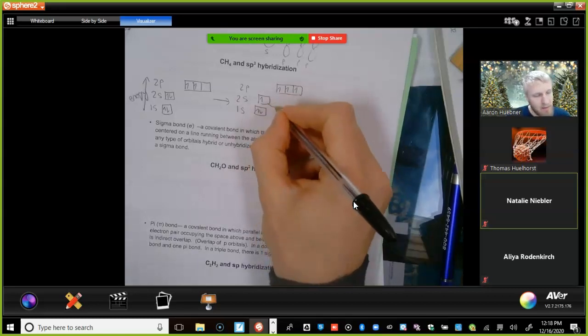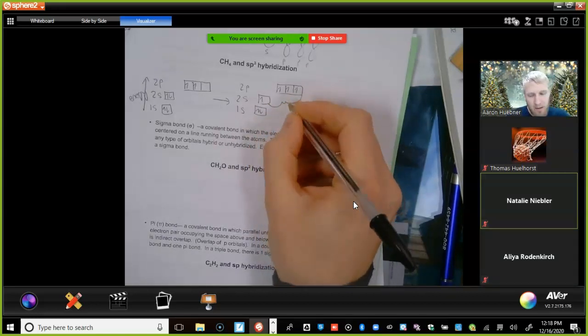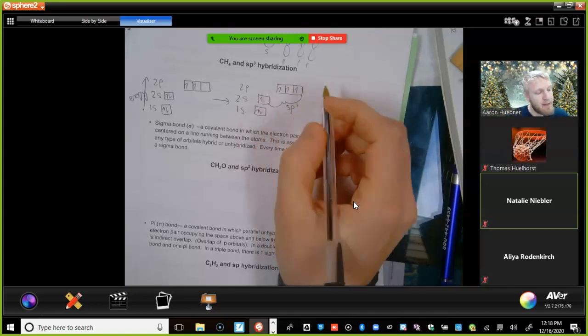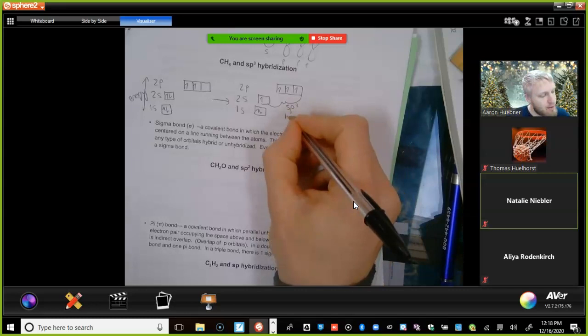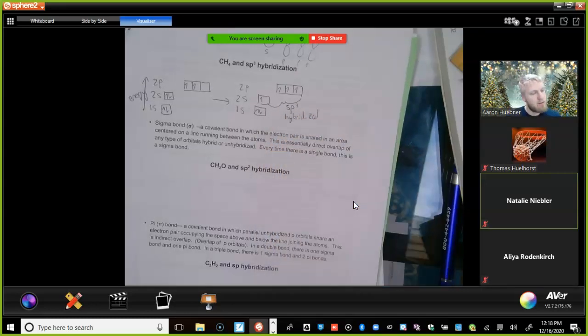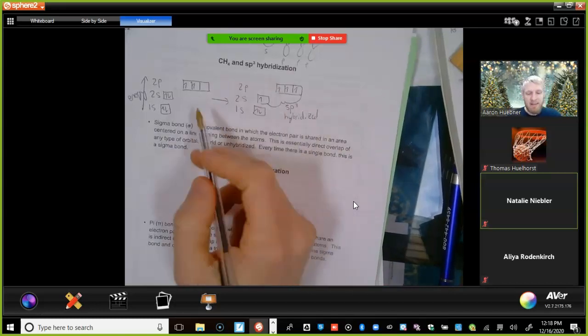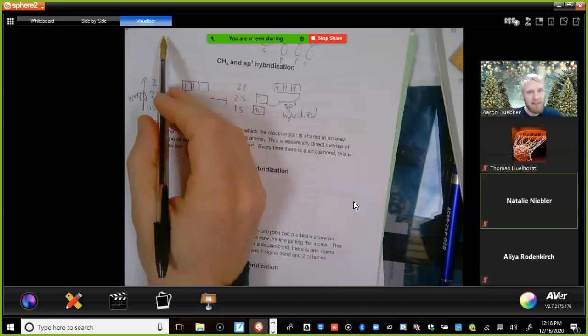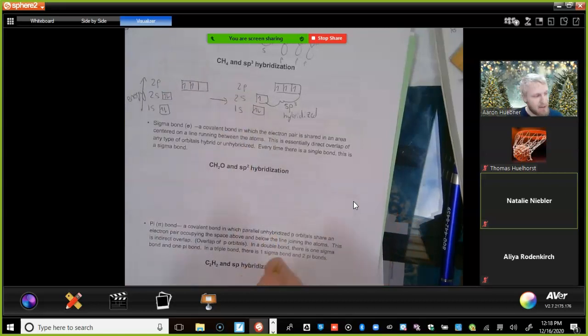So all of these are considered sp3 because you got 1s and 3p suborbitals. So it's sp3 hybridized. Oh man, and I took all my space to make my pretty picture, so I apologize for that. I'm going to have to squeeze it in over there probably. Okay.